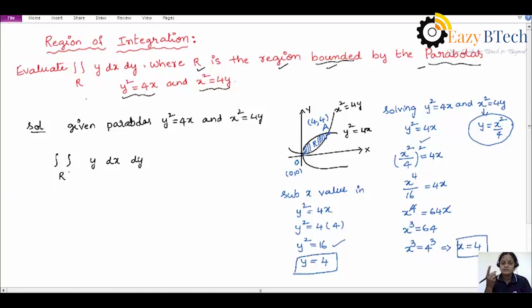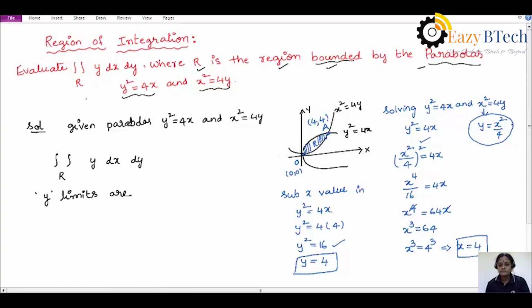If y is in terms of x, then x is in terms of constants; if x is a function of y, then y is in terms of constants only. So now writing the y limits. How do we find the y limits here?